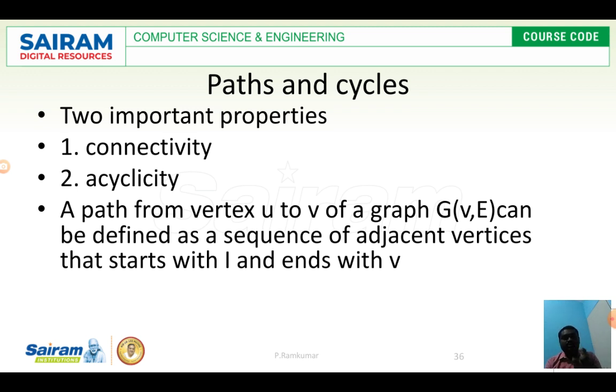So 1 comma 2, 2 comma 3, 3 comma 4, 4 comma 1. Each and every pair has to be represented within a bracket. That is called connectivity.